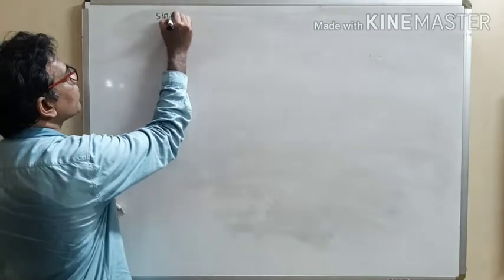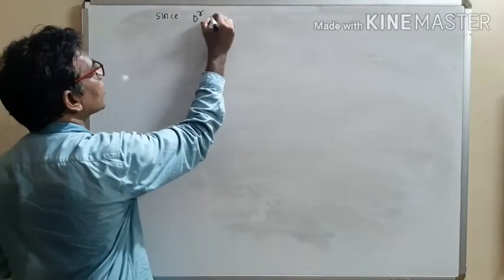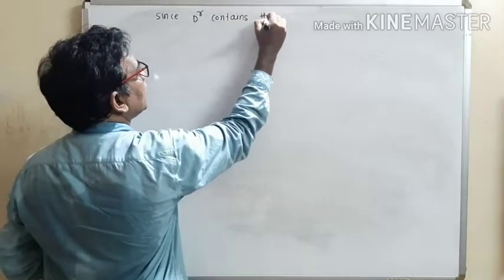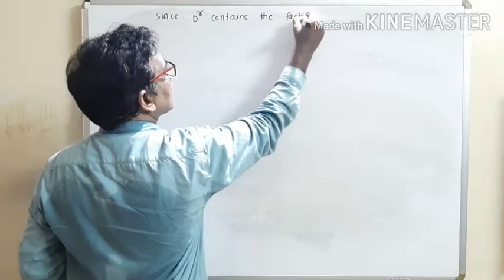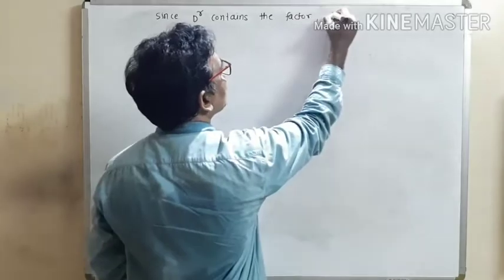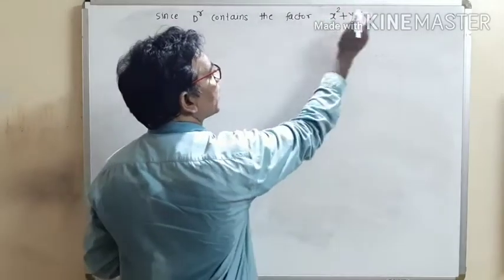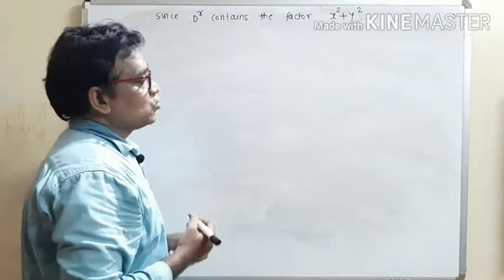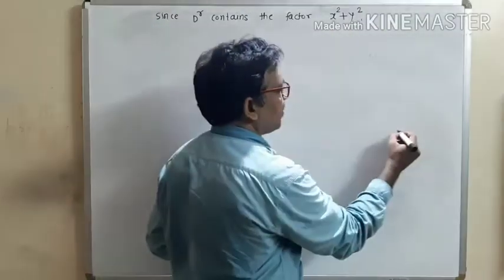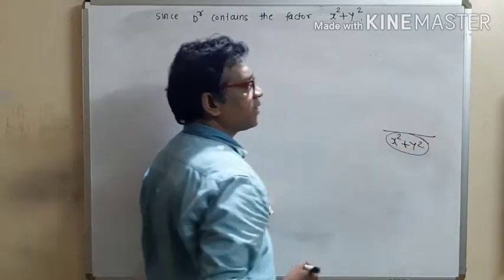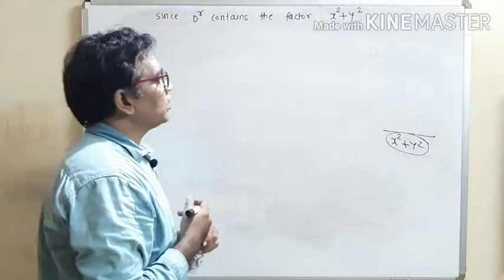Since the denominator contains the factor x square plus y square, what is the substitution? We have seen that if the denominator contains the factor x square plus y square, then we use polar coordinates.